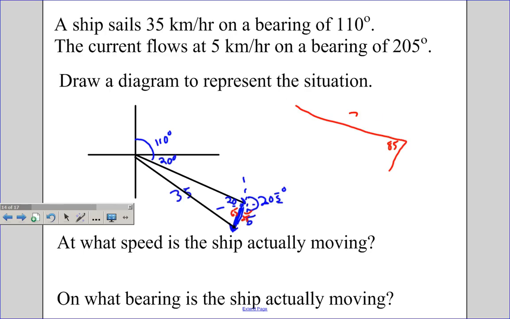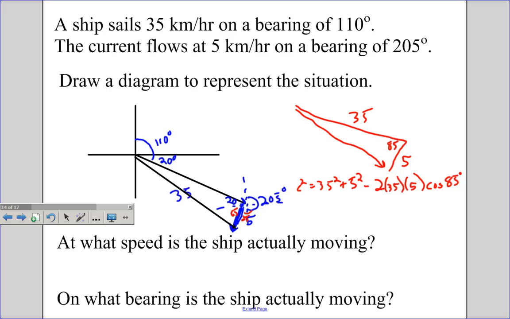Now I know this length is 35, this length down here is 5, and we can use those to use the law of cosines to find this side. So c squared is equal to 35 squared plus 5 squared minus 2 times 35 times 5 times the cosine of 85.